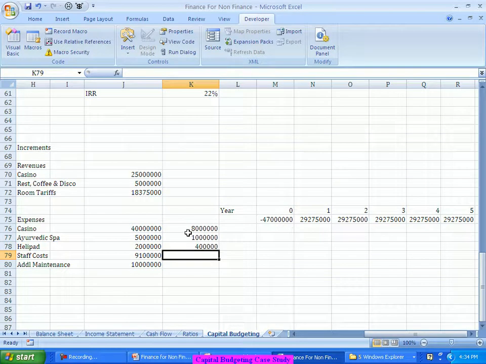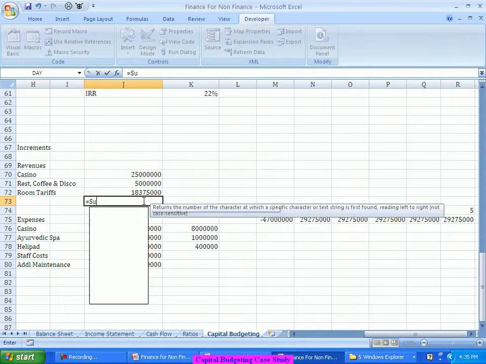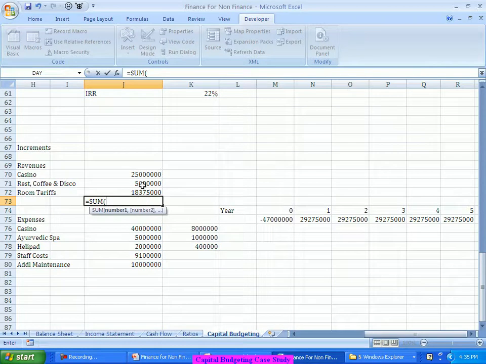So this is my total depreciation. My total revenues are this much, 4.83 crores.